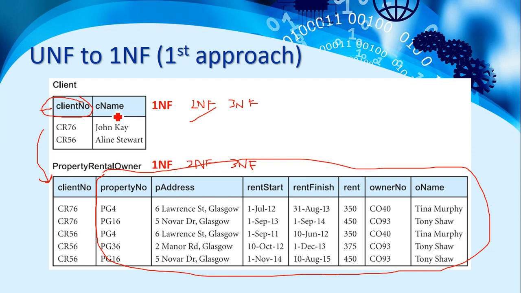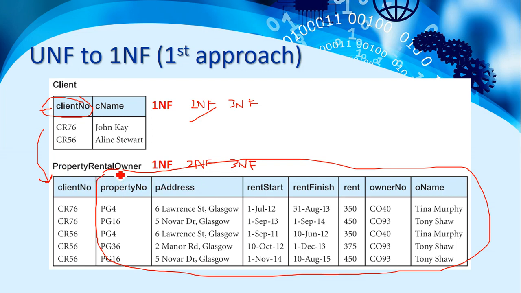Naka 2NF na to siya. Okay? However, ito, you just have to figure out muna before you proceed with 2NF if meron ba tong composite key. Kasi if isa lang yung primary key nito, so automatic na siya, 2NF.